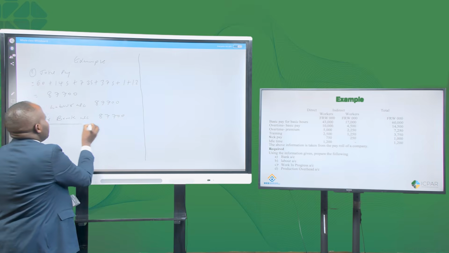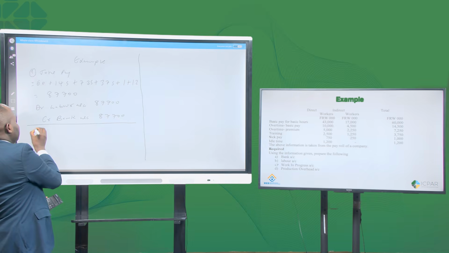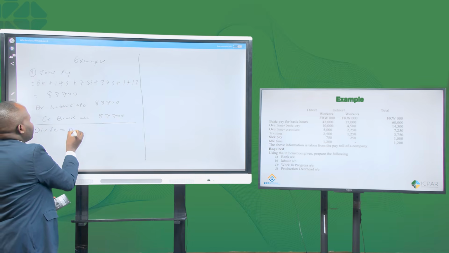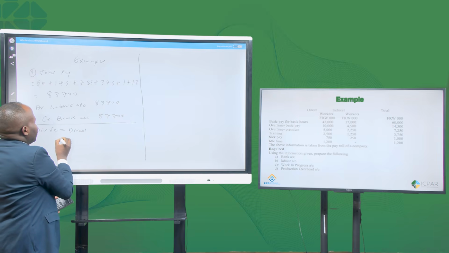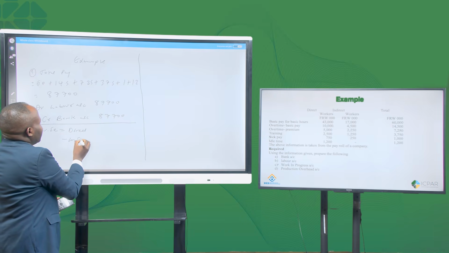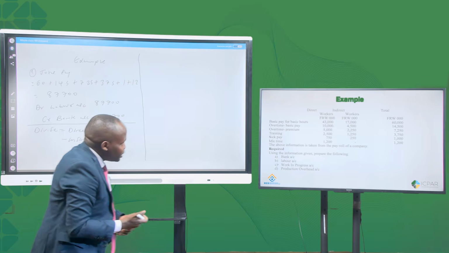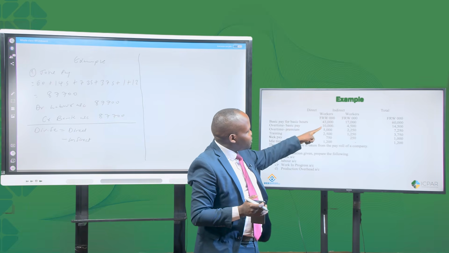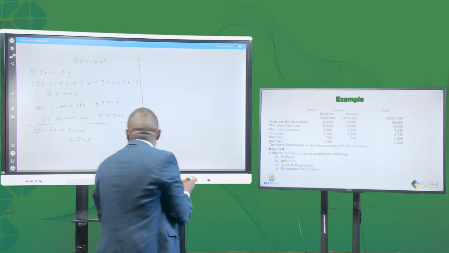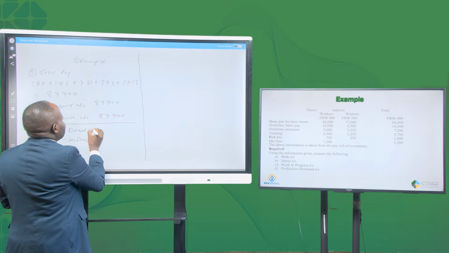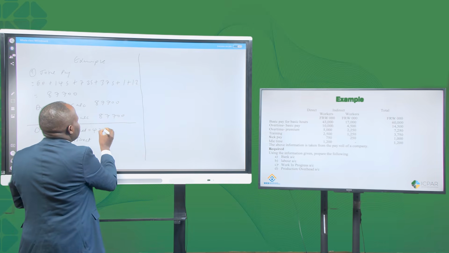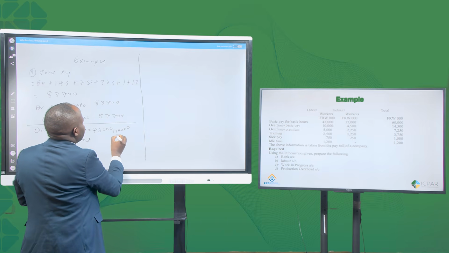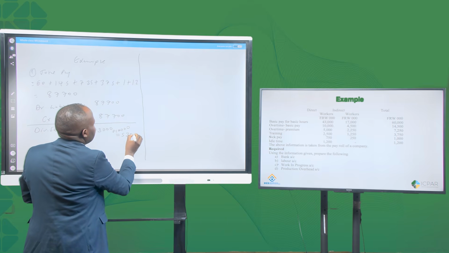Then you analyze the pay into two. You divide the pay into direct and indirect. Remember we said the only direct affects direct workers and it's only the first two, 43,000 plus 10,000. So direct are 43,000 plus 10,000. So that gives us 53,000.